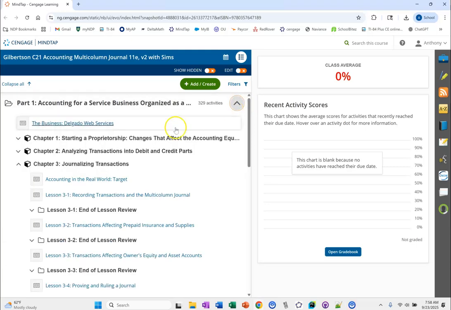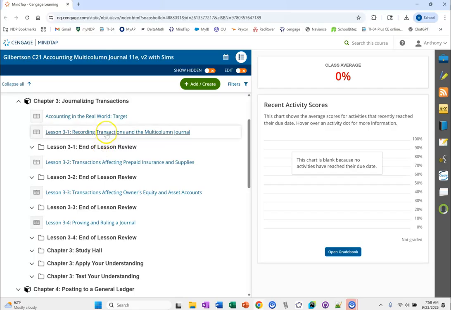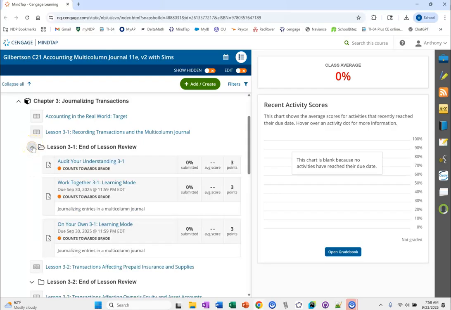Drop down for part 1. We're going to drop down for chapter 3, and we're going to look at the end of lesson review for 3.1.